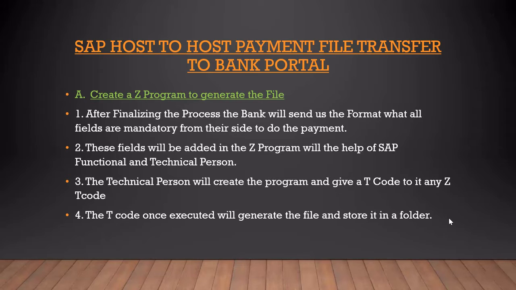These fields will be added in the Z program with the help of the SAP functional and technical person. The program will be developed by the technical person, and the functional person will give him the functional specs, which we call the FS in SAP language. Normally the fields will be given by the SAP functional person.